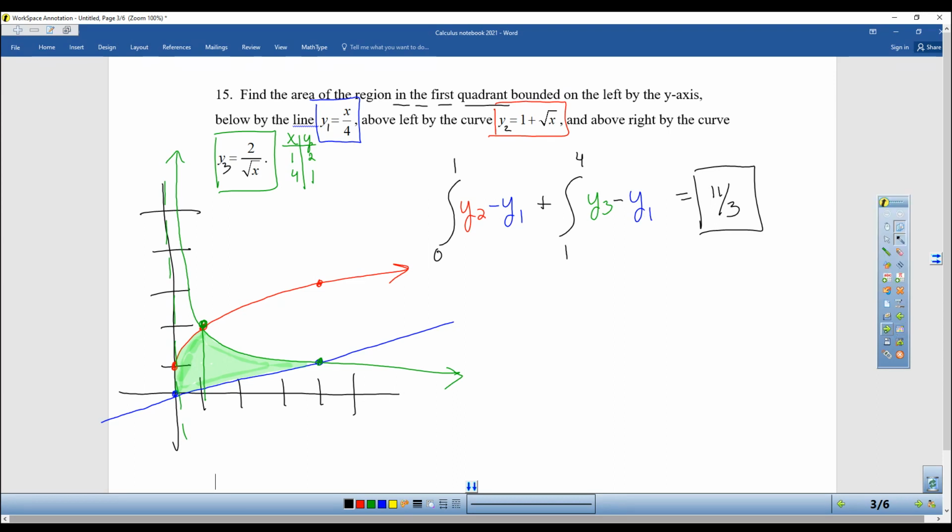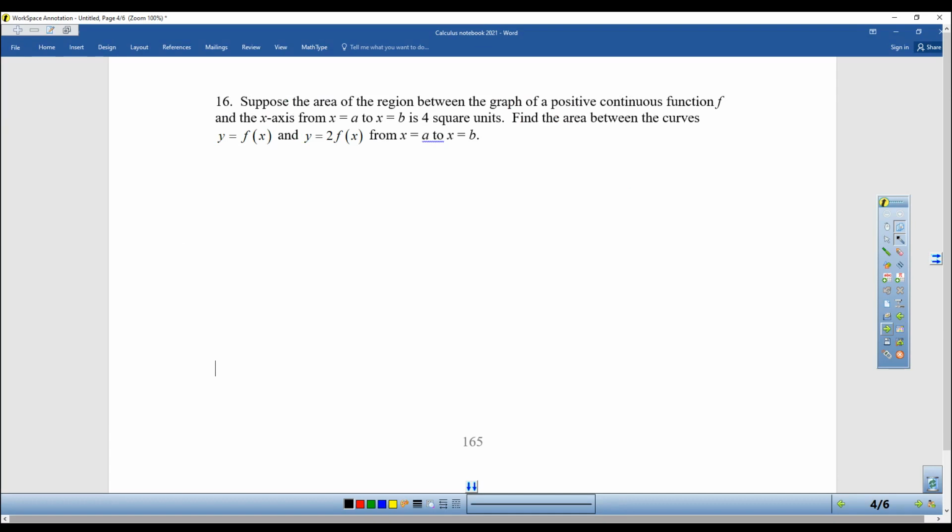All right, number 16. Suppose the area of the region between the graph of the positive continuous function f and the x-axis from a to b is 4 square units.